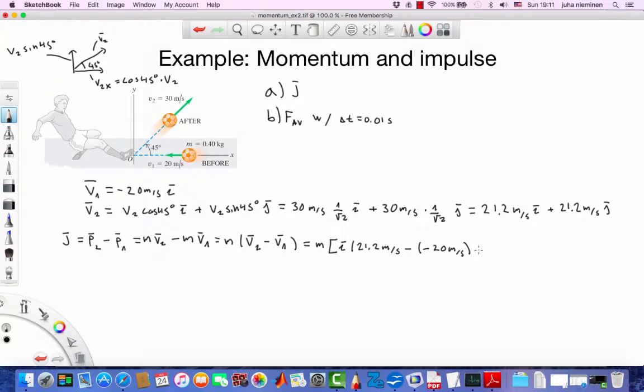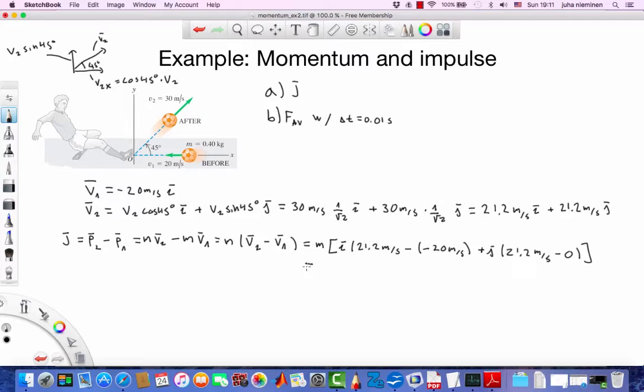Like this. And in j direction, we have v2 component minus whatever is the j component of v1, and there is none, so that's going to be 0.